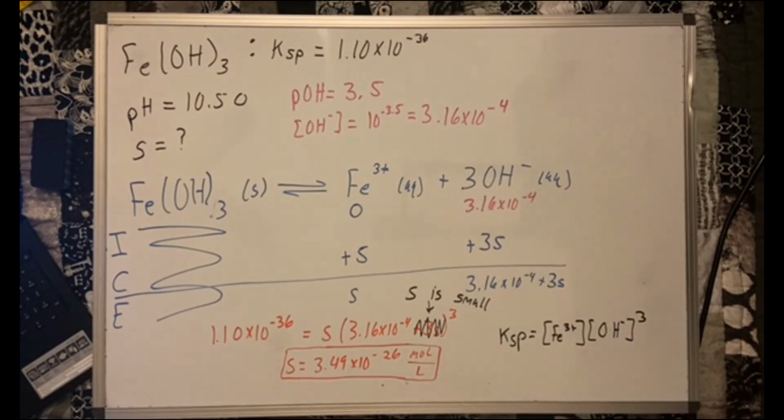Why do you not take the cube root before you divide it? Well, this is not cubed. I'm solving for S. Okay, I'm solving for S, so I don't want to take the cube root of it.